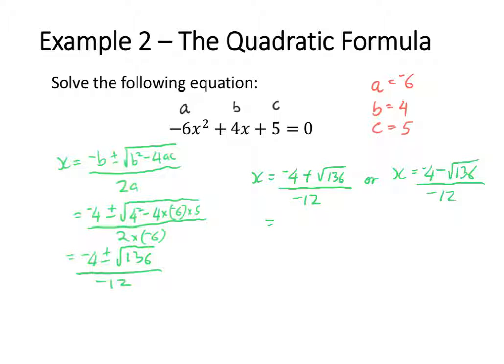So putting those values into my calculator, negative 4 plus the square root of 136 divided by negative 12 is equal to negative 0.64, or x is equal to negative 4 minus the square root of 136 divided by negative 12, so x is equal to 1.31. So my values for x, when the equation is negative 6x squared plus 4x plus 5 is equal to 0, are x is equal to negative 0.64 or x is equal to 1.3. So there are a couple of examples of how we use the quadratic formula to solve a quadratic equation.